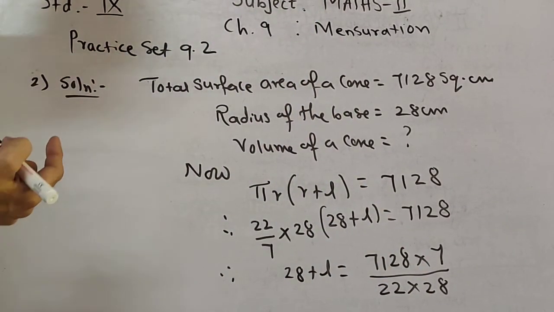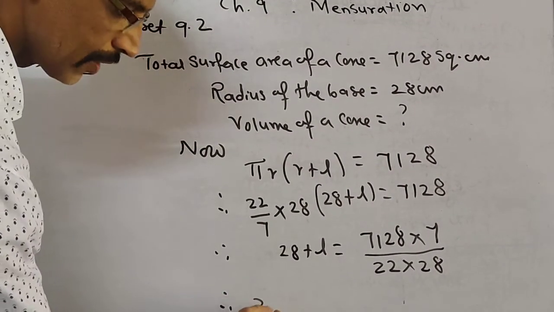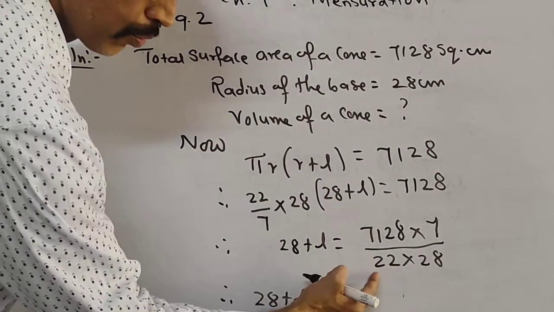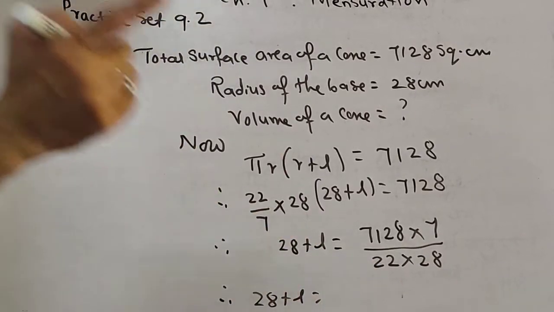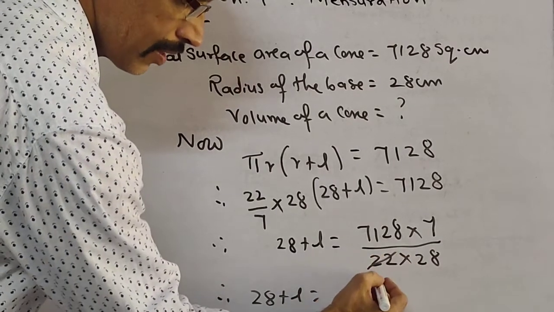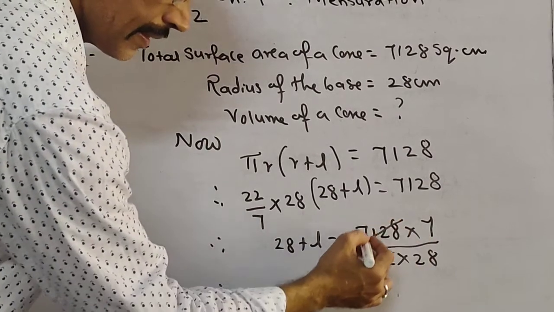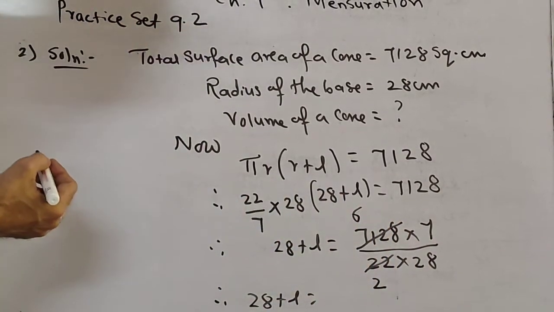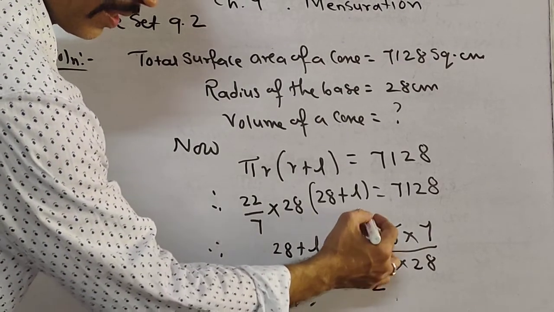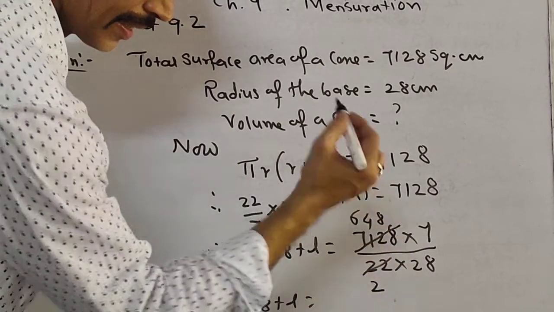Now you have to do the cancellation. How to do the cancellation in easy way? It's very easy. Here 22 is there, so you will divide by 11 only. 11 2s are 22. 11 6s are 66, remaining 5, 52. 11 4s are 44, remaining 8. 11 8s are 88.